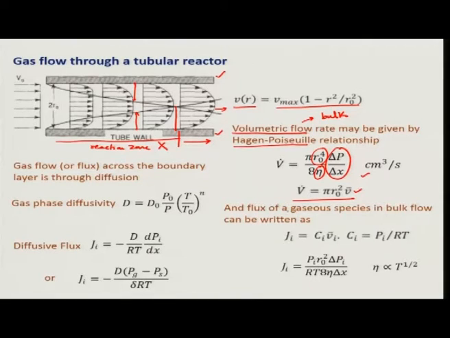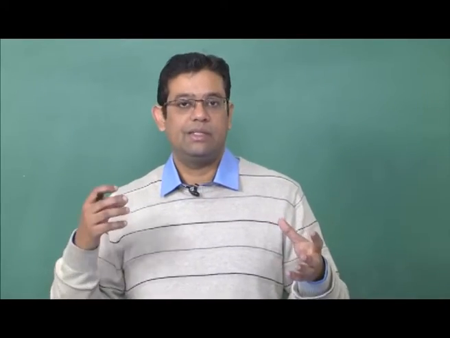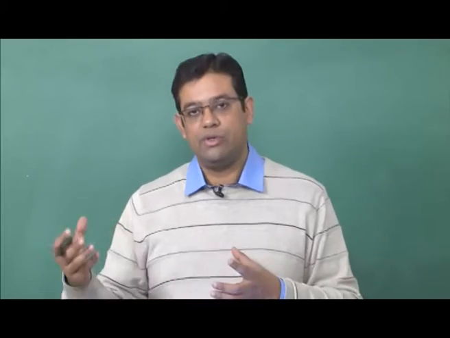And the flux of a gaseous species. So, my gases are flowing at a certain velocity in the bulk, okay. Now, what is the flux of my species? Suppose I have a mixture of silane SiH4 and hydrogen.